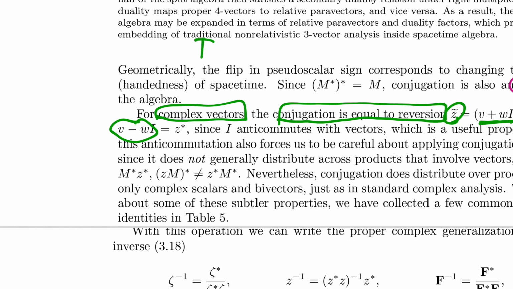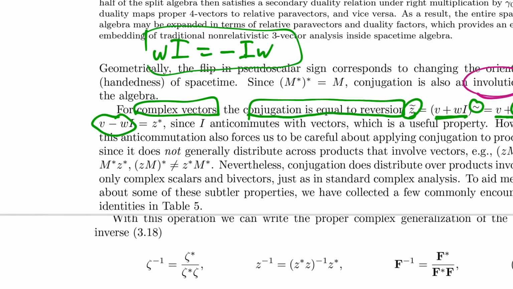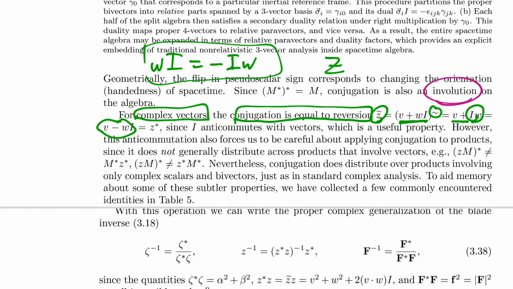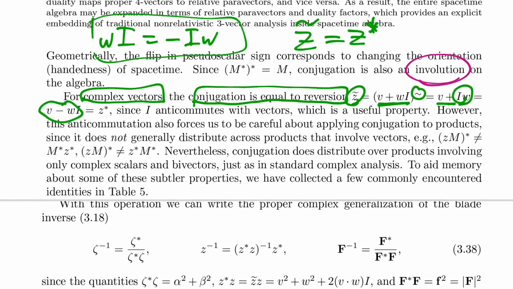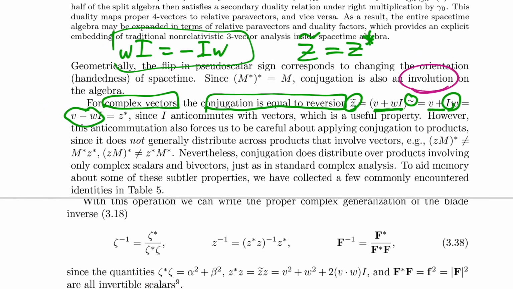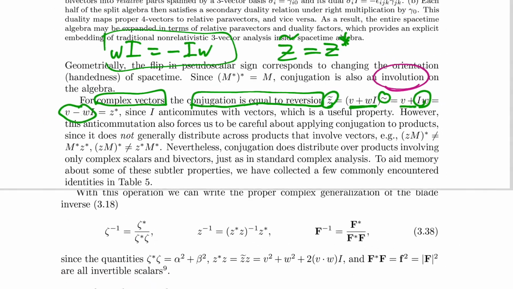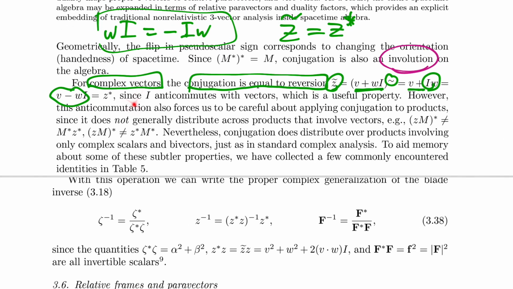That's the important thing to remember: wi always equals minus iw. There's anti-commutation. It commutes with bivectors, but it anti-commutes with vectors. So because of that, z reversion equals z conjugate when z is a complex vector. It's not too difficult to see.